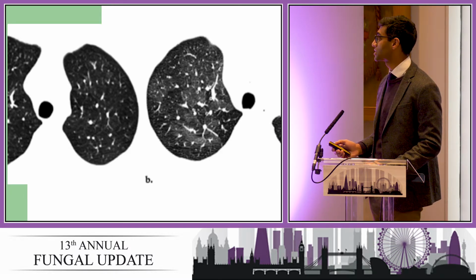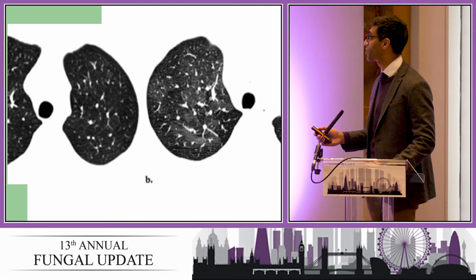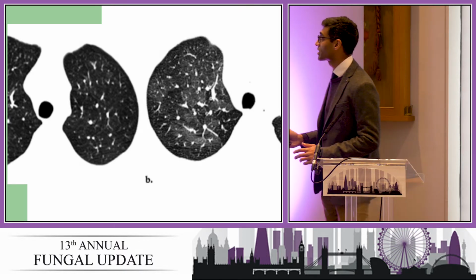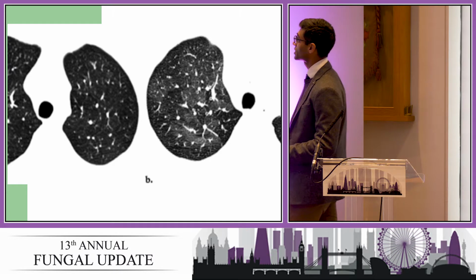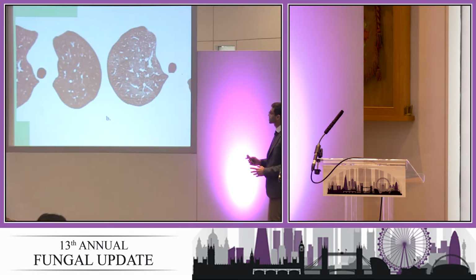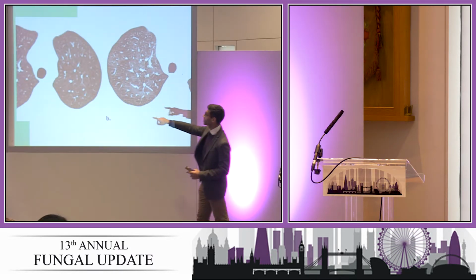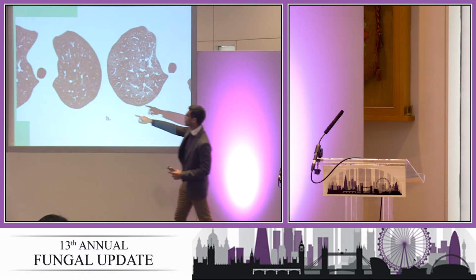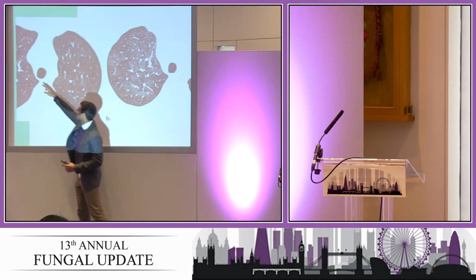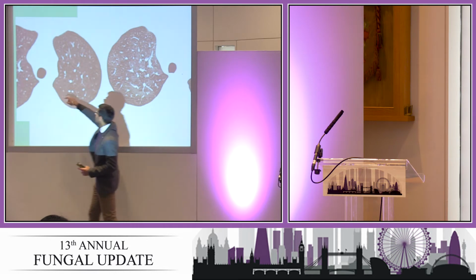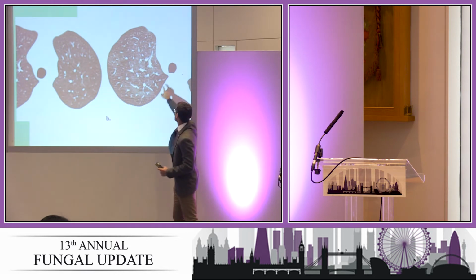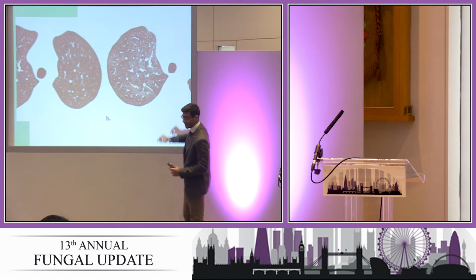And the more common form of constrictive bronchiolitis, so this is an inspiratory, and you can always tell the inspiratory scan from the expiratory scan because the trachea will be depressed. So the posterior aspect of the trachea, you can see, is more convex compared to the expiratory phase where it's a lot flatter.